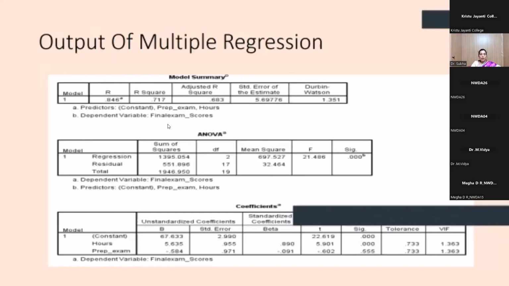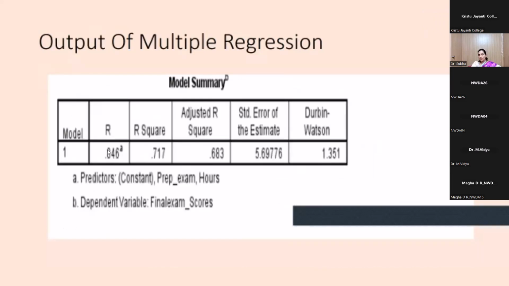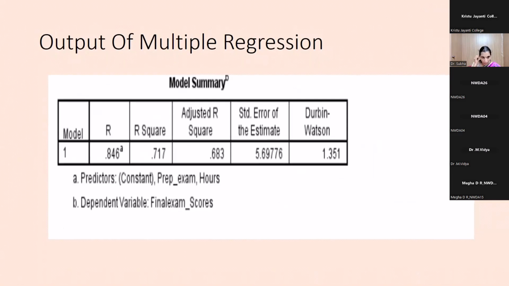This is the outcome of our study. You all know that whenever the value of R is close to 1, you can interpret that there is a positive correlation between the variables. Here we have two independent variables and one dependent variable, and they are highly correlated.